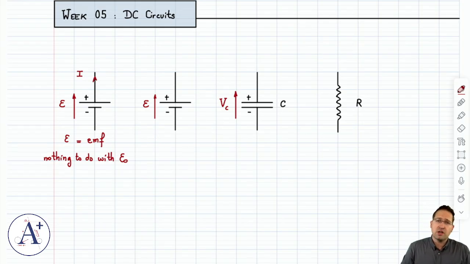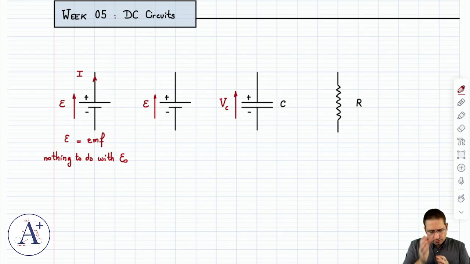So it's a convention. We agree that even though it's not representative of what happens in reality, if we just say that I is the flow of positive charge, we can solve all the circuits, and it works all the same, and we get all the same answers. So why bother rewriting everything and making charge negative?